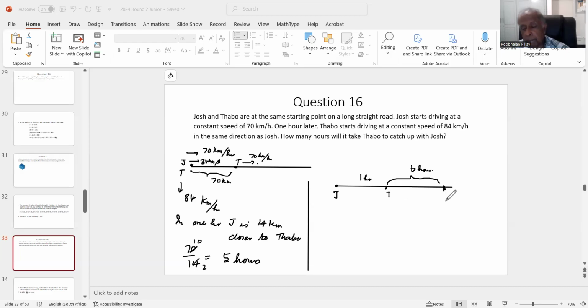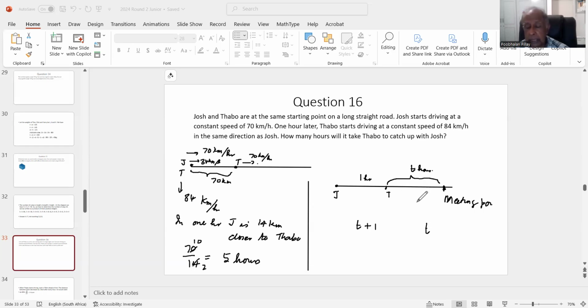So when they meet, it's the meeting point. Josh would have traveled t hours, and Thabo would have traveled t plus 1 hours because he had a 1 hour lead.